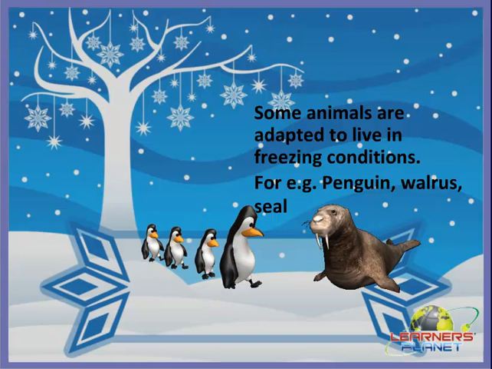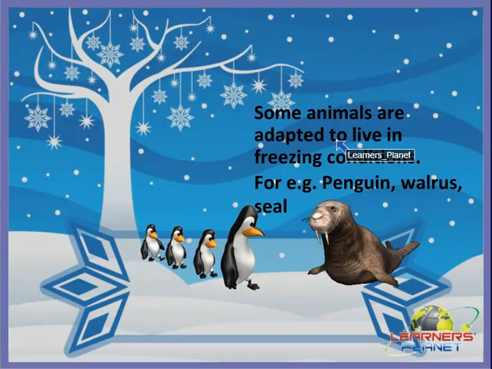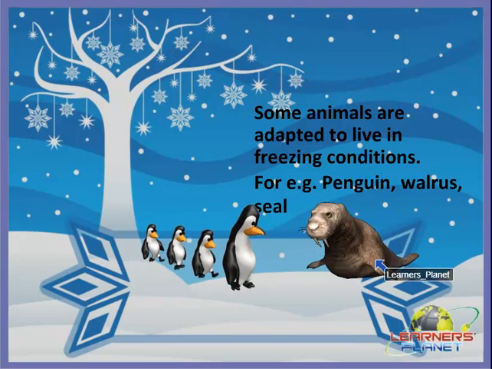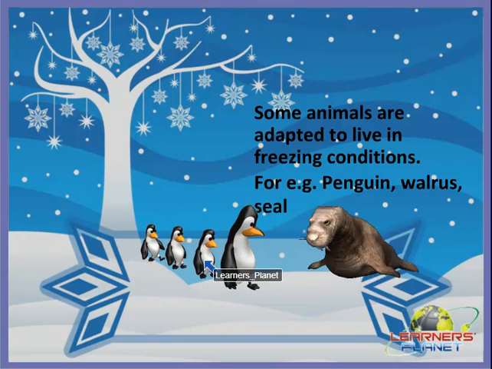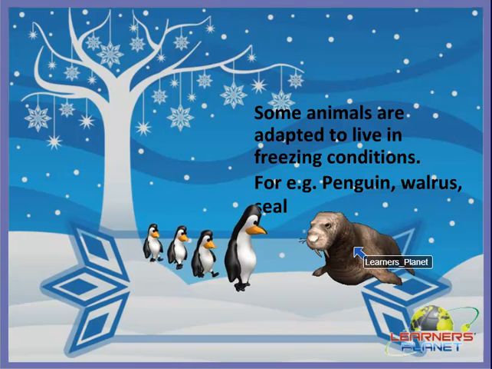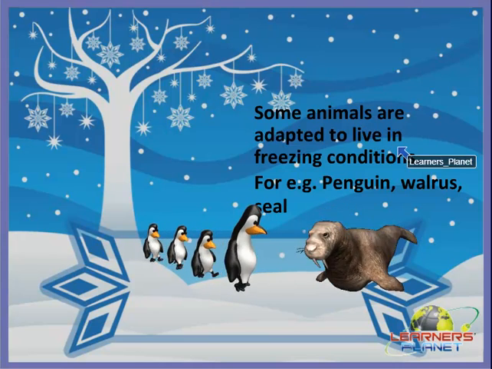So children, we can also see some more animals, like some animals are adapted to live in freezing conditions. For example, penguin, walrus and seal, right? So these are some animals that are adapted to live in freezing conditions.